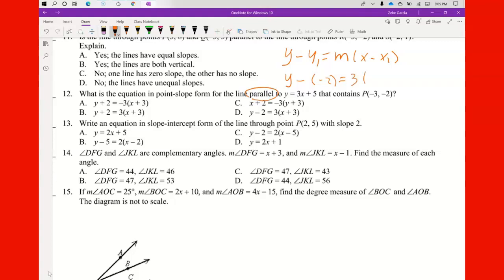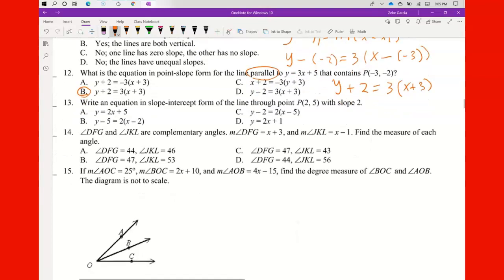So you can have 3 times x minus -3. So let's go ahead and clean this up. So you have y plus 2 equals 3 parentheses x plus 3. So is our answer there? Yes, the answer is B.